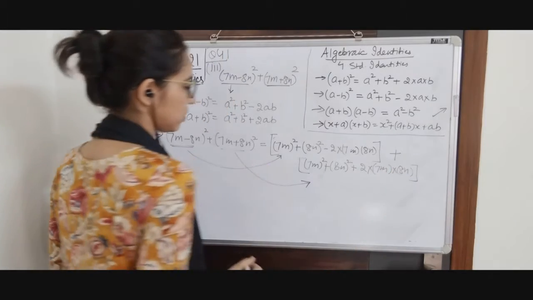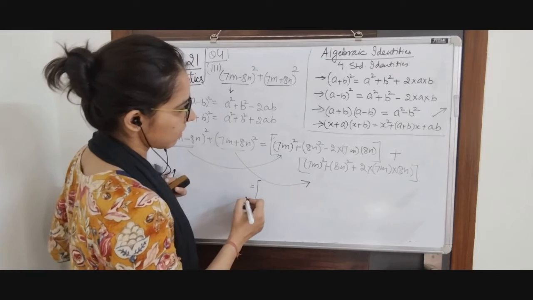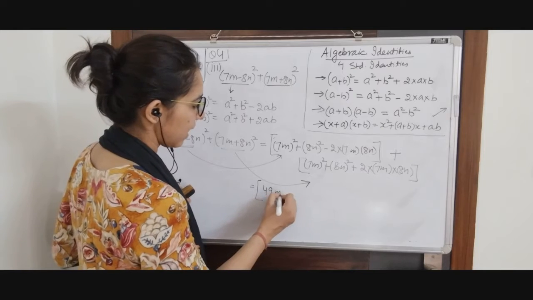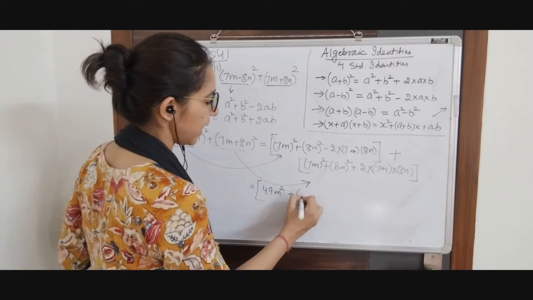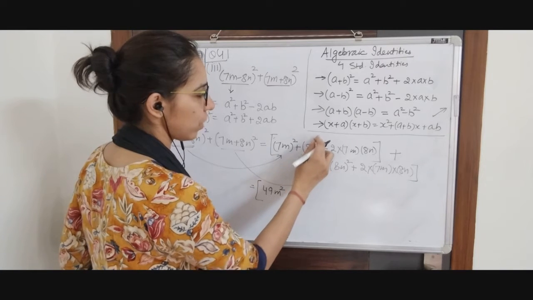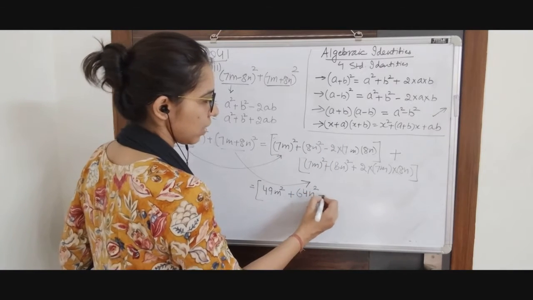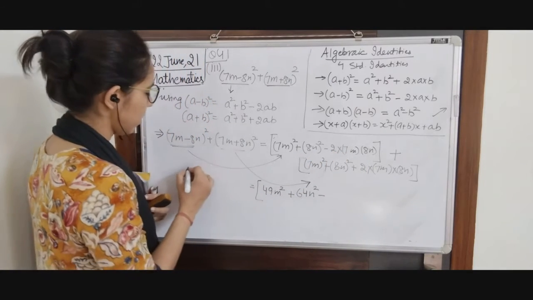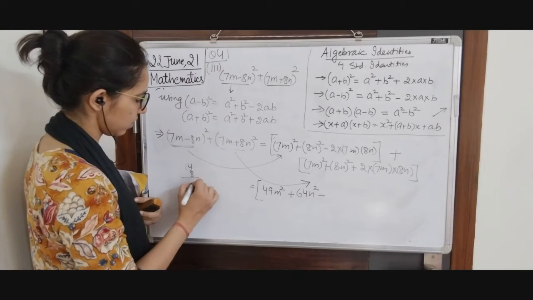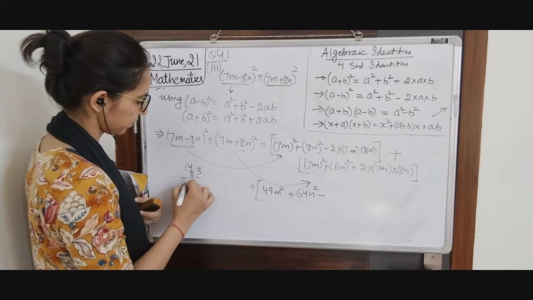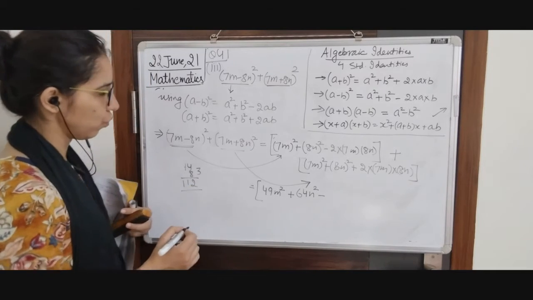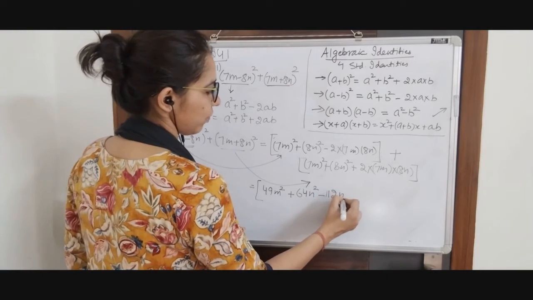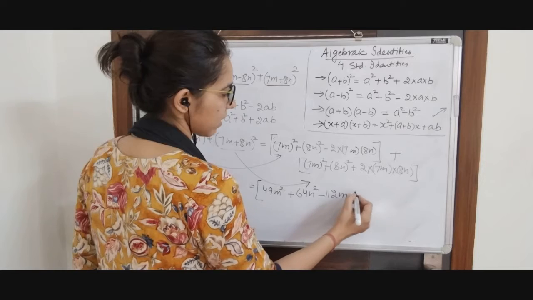Bracket close. Now I am going to simplify them inside the bracket only. (7m) square means 7 square, which is 49, and m square, plus (8n) square means 8 square into n square, which is going to be 64n square, minus 7 into 2 into 8, which is 14 into 8, which is going to be 112, minus 112mn.